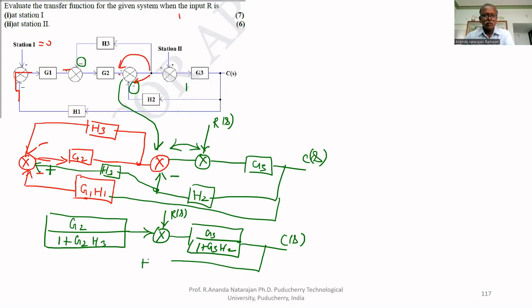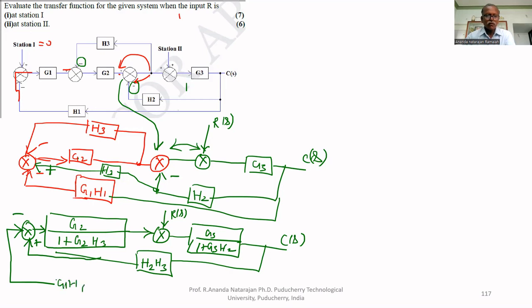The feedback is H2, H3. And it is added here with a positive sign, positive feedback. And this is negative feedback. This is G1, H1.